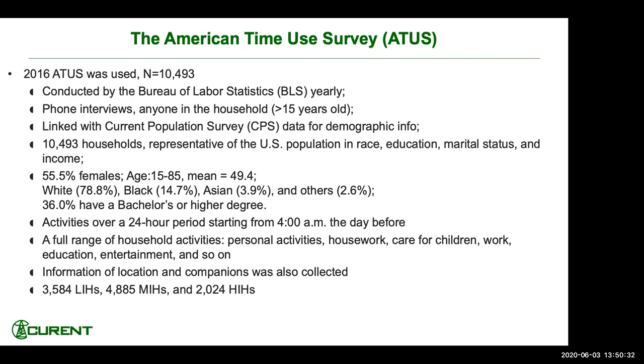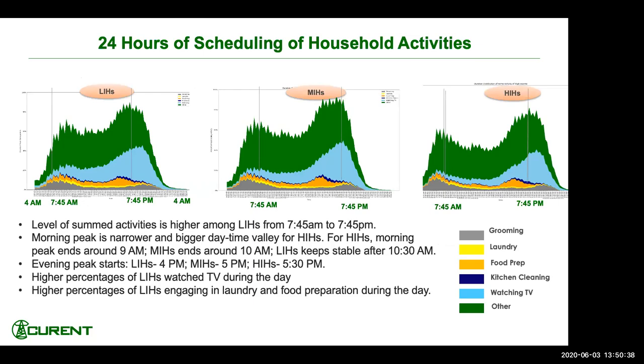From the activity, we can infer the time frame when people are most likely to use energy. Unfortunately, this data set doesn't directly relate to appliances. It only tells us now it's cooking, now it's watching TV, preparing food, doing laundry. So these are rough activities, but we can still look at the patterns.